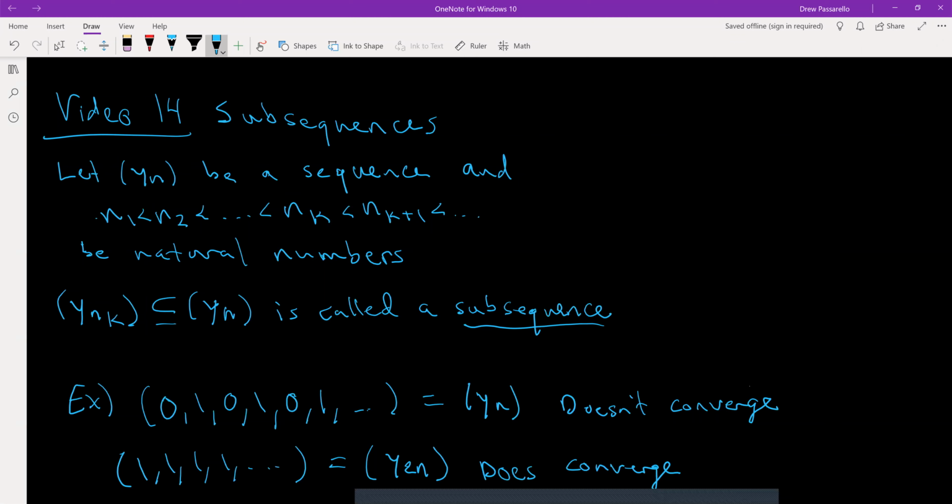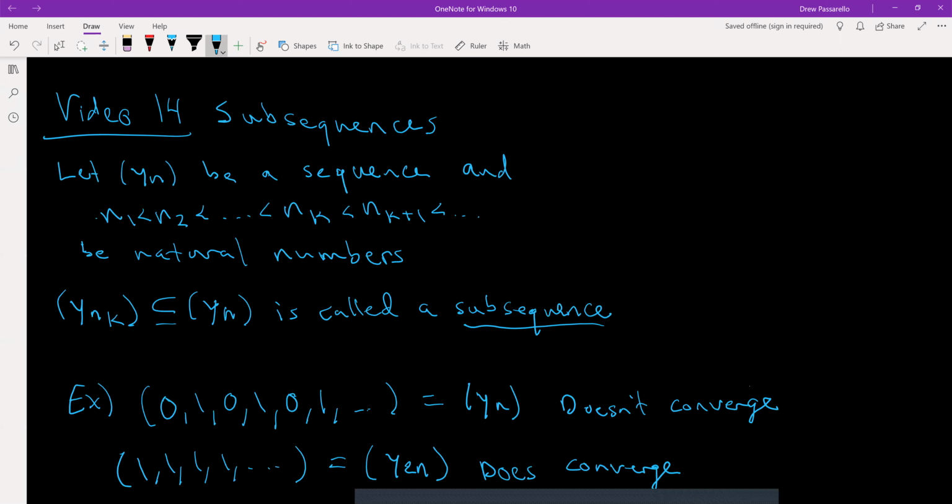We could take all of the values that are 1 and make them into their own subsequence. All the values 1 correspond to indices that were even numbers for the original sequence y_n. So that's why it has the subsequence of 1s, which we know converges to 1 because it's a constant sequence.